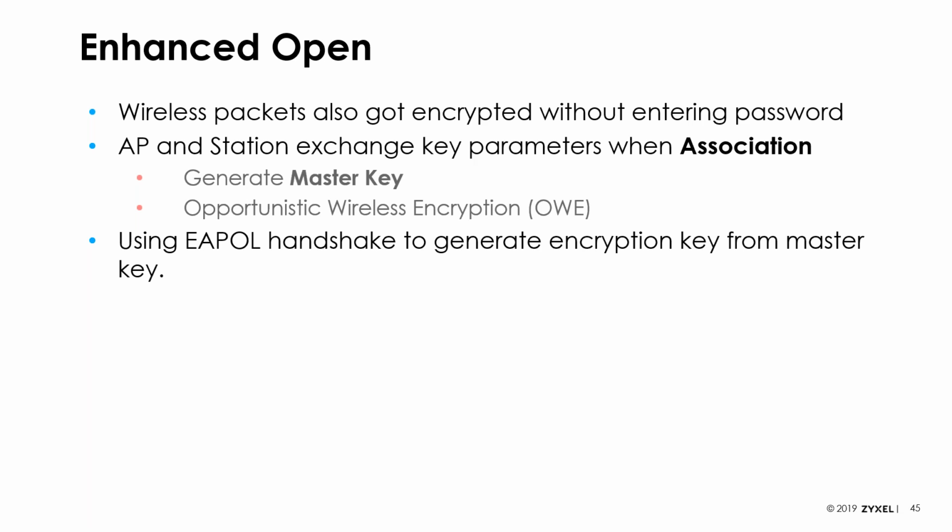The full process is called OWE, or opportunistic wireless encryption. And after the master key has been established, both devices use something called a four-way handshake to exchange other information and generate the encryption keys.